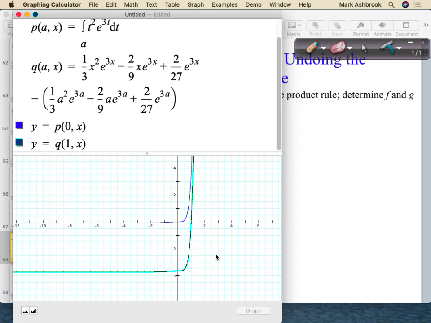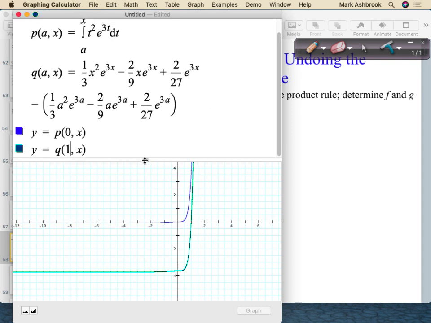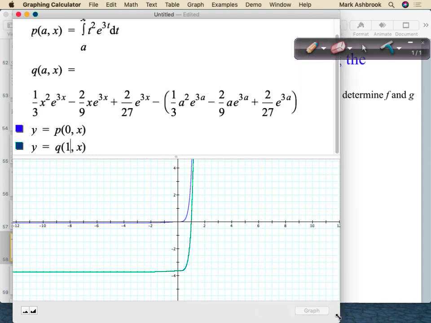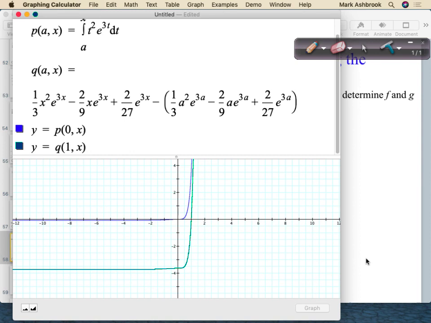When you subtract the f of a, so that's what that is. So f of 0 is probably 0. x minus f of a.